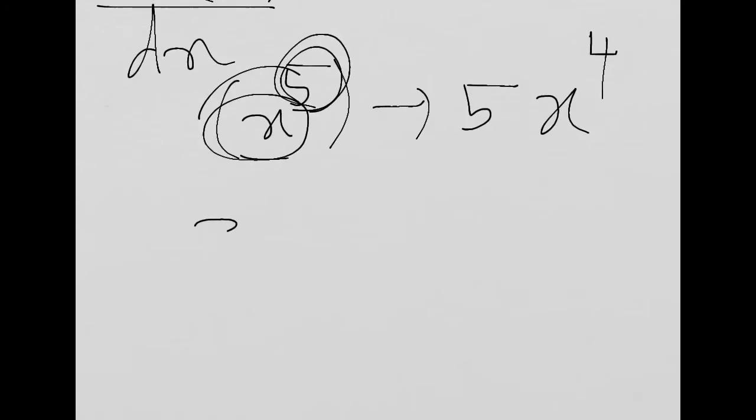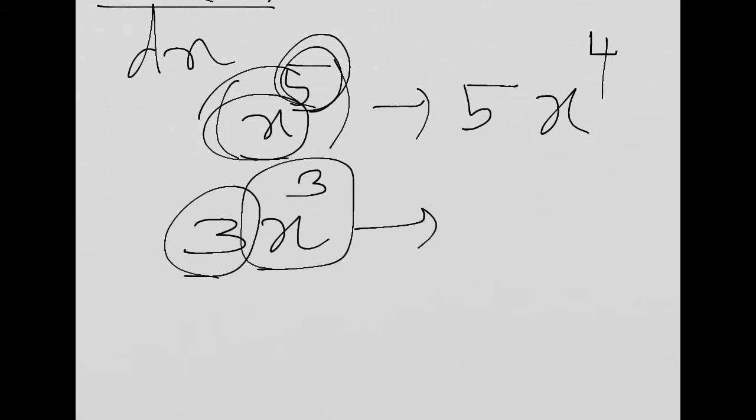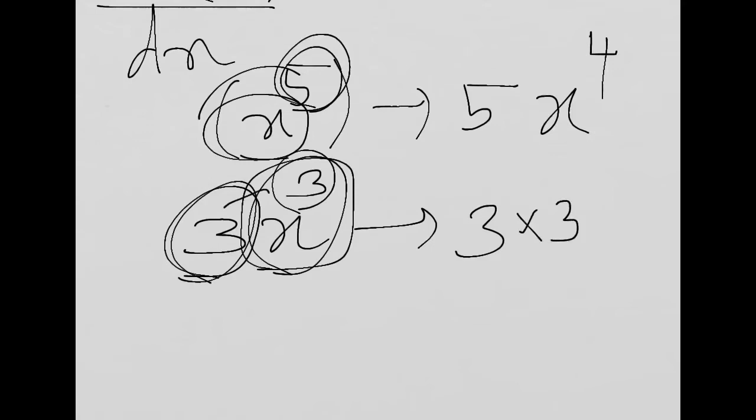Now what is the differentiation of 3x cube? 3 is a multiplication factor next to x cube, so keep the 3 as such. X cube on differentiation, this 3 has to come down, right? So when it comes down, it gets multiplied with the already present 3, it becomes x squared. So totally it is 9x squared.